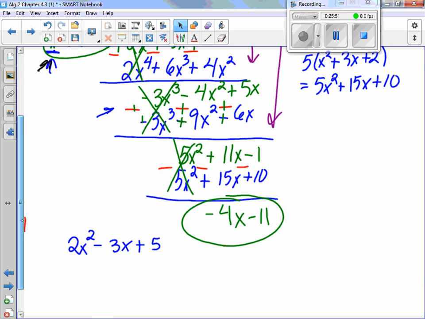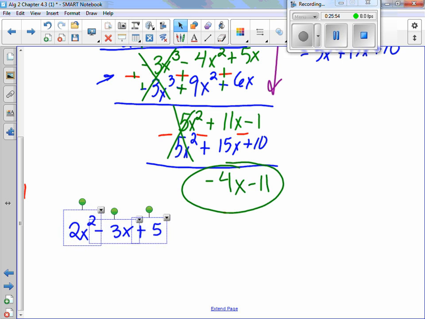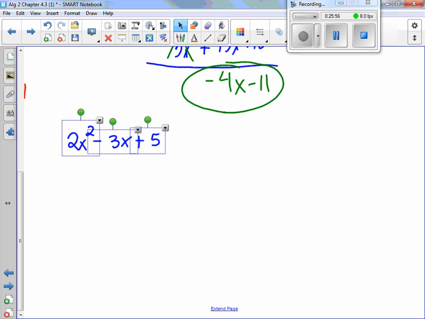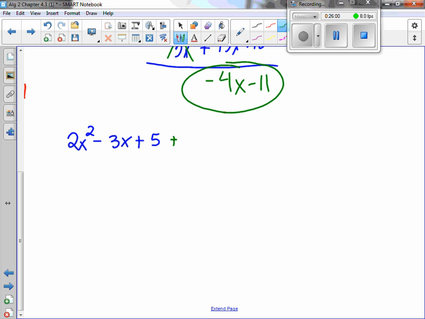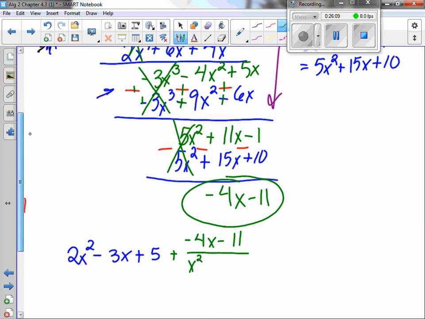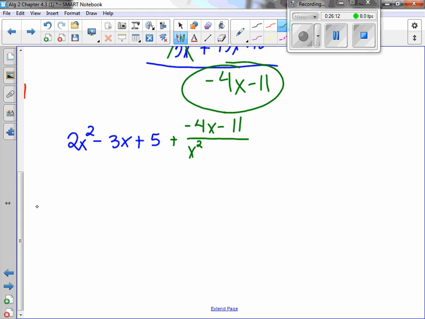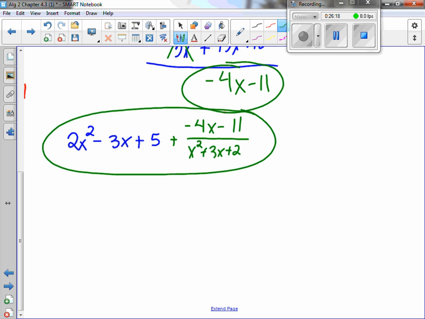So our answer is going to be this here. I have to add to it what? Negative 4x minus 11 over x squared plus what? Because we take the remainder and put it over what we were dividing by.